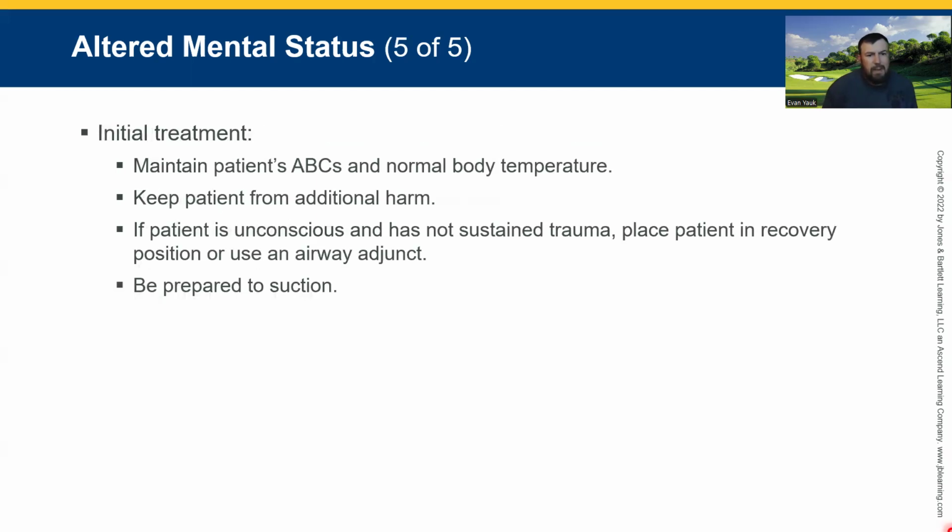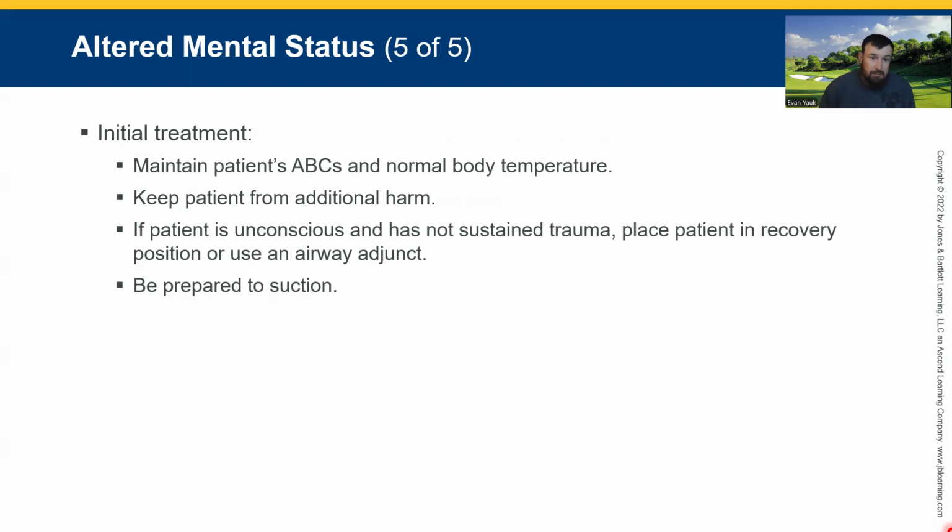Initial treatment: maintain the patient's ABCs and normal body temperature. So what we're doing there is we're going to keep an airway open. If it's not, we open it. We're going to make sure they're breathing adequately. If they're not, we're going to breathe for them. And let's make sure their circulation's good.